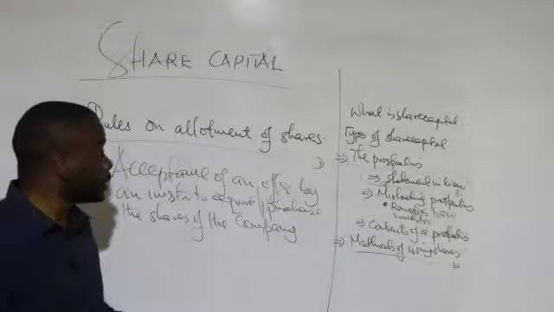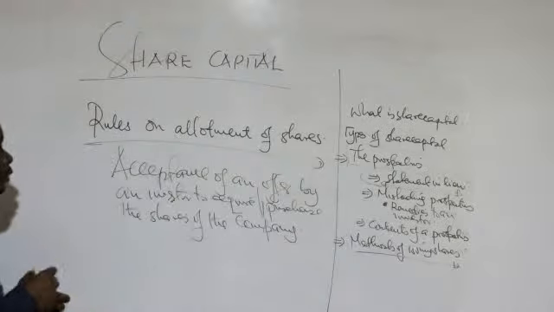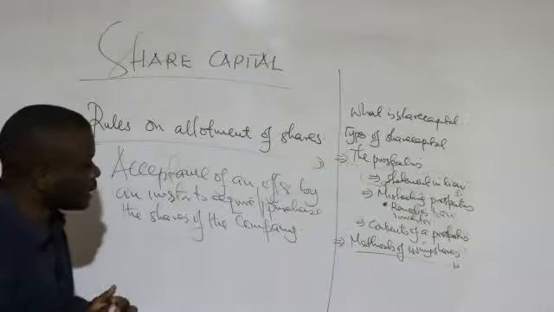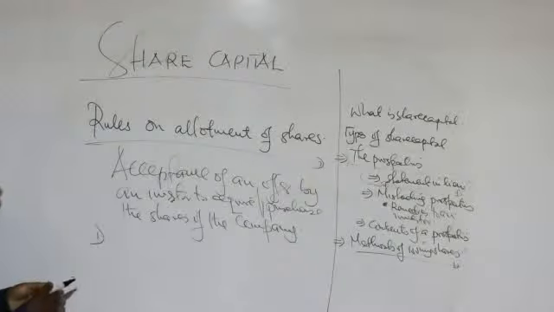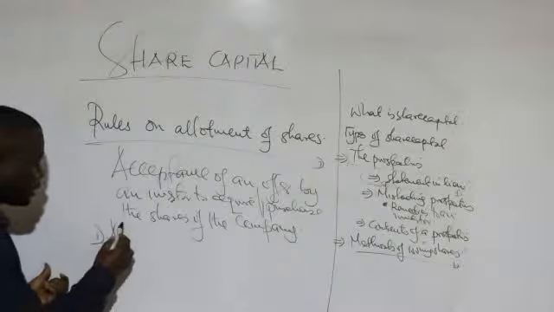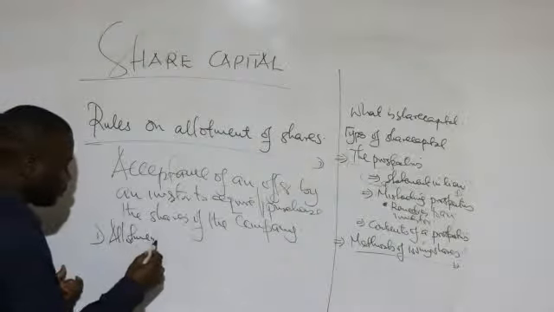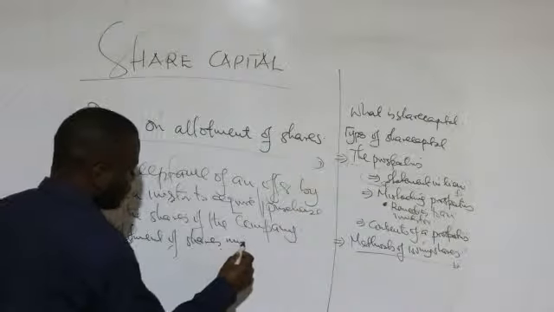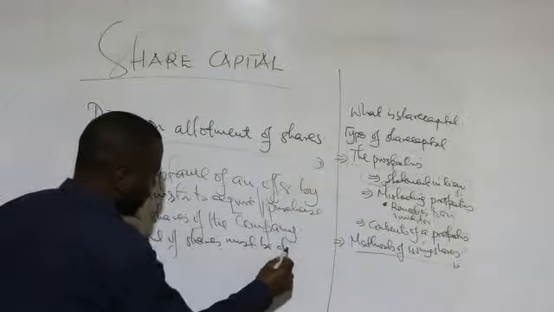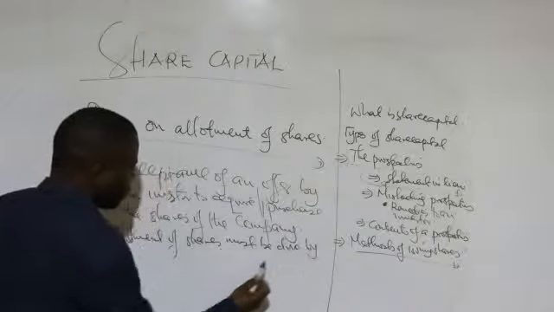So the rules that must be followed when the company is allotting the shares. Number one, which is very key: the shares must be allotted by the proper authority. Allotment of shares must be done by the proper authority.